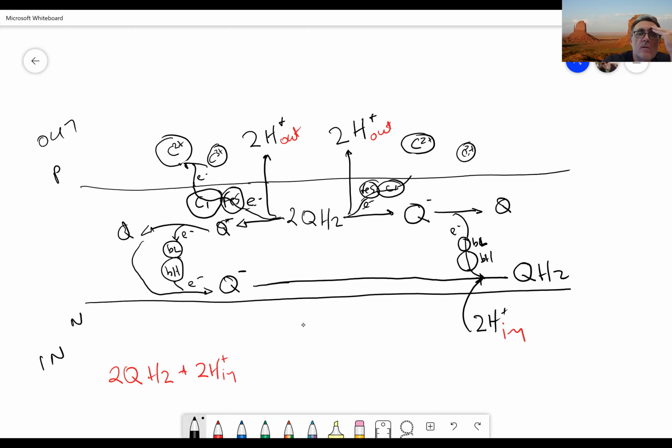So the electron reduces each of the two cytochrome Cs. Okay. All right. So if we write this now, we have two oxidized cytochrome Cs.